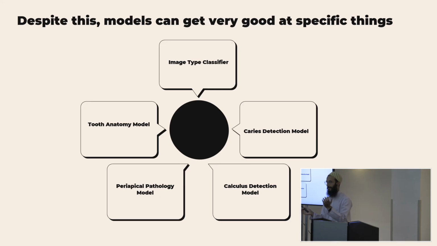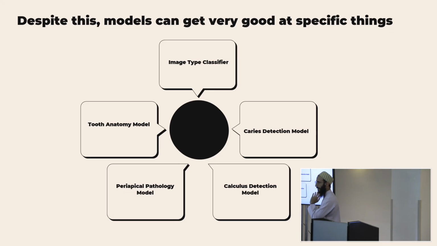If I tell the same model to tell me where there's caries and where there's calculus, or radiolucency or something like that, it'll get confused and it might start throwing a lot of false positives. So what you do is you say, okay, if that's one of the limitations, let me train a whole bunch of models. We want an expert just in caries, we want an expert just in calculus.